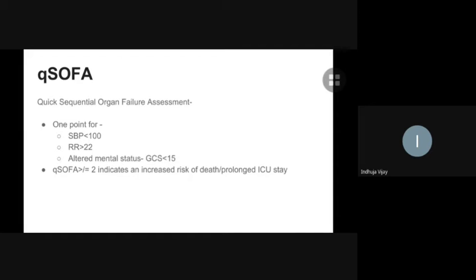Then oliguria: you can catheterize the patient and check if the patient has decreased urine output of less than 0.5 ml per kg per hour. That indicates oliguria. So these are all the general examination findings which you're going to see in a shock patient.